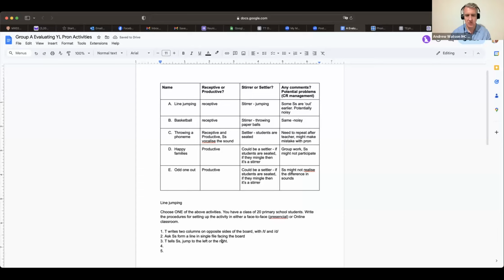Don't they need to say jump to the left if you hear a T sound? T sound at the beginning of the word, right? Because at the first stage the sound is at the beginning of the word. Yes.